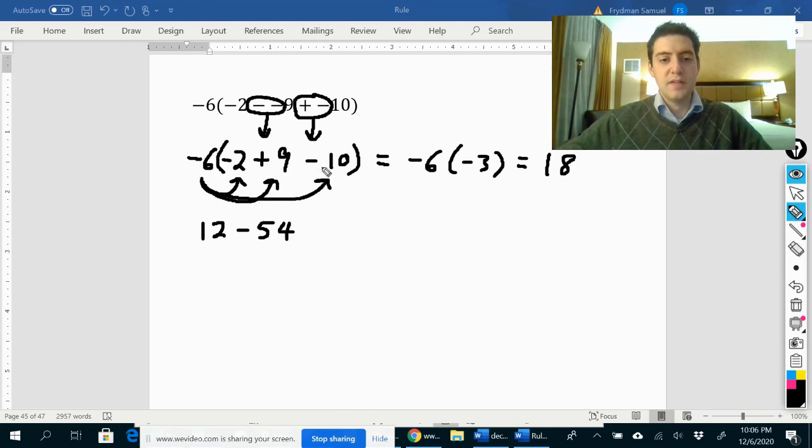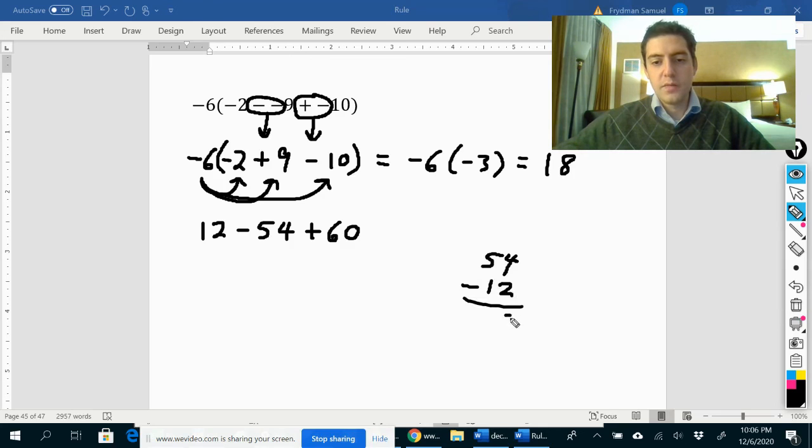So negative 6 times negative 10 will give me positive 60. So I'll write plus 60. And now let's see if I evaluate this, is it really equal to positive 18? So 12 minus 54, let's see, 54 minus 12 would be 42. But then since I'm taking the bigger number away from the smaller one, 12 minus 54 should give me a negative 42. Then I still have the plus 60.